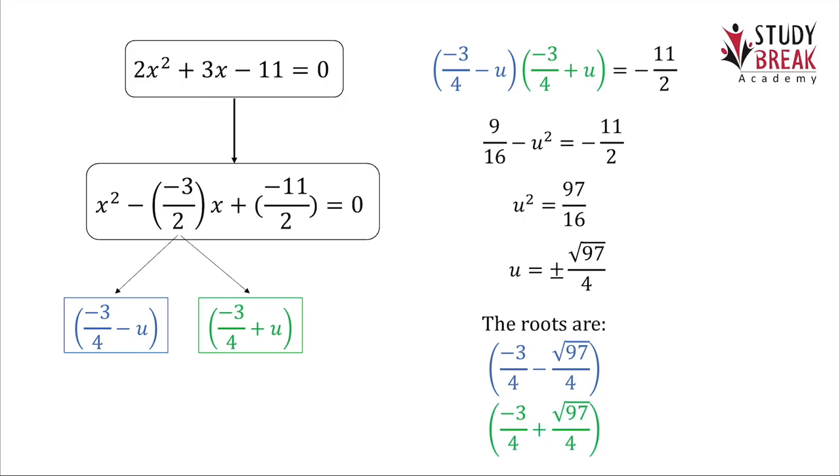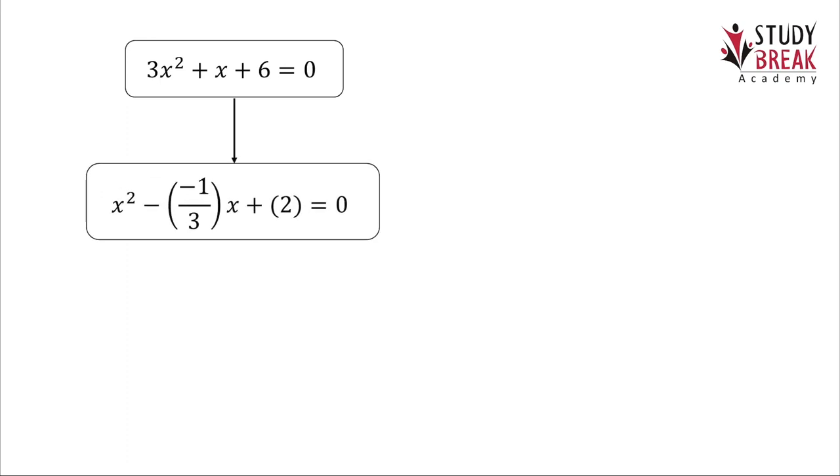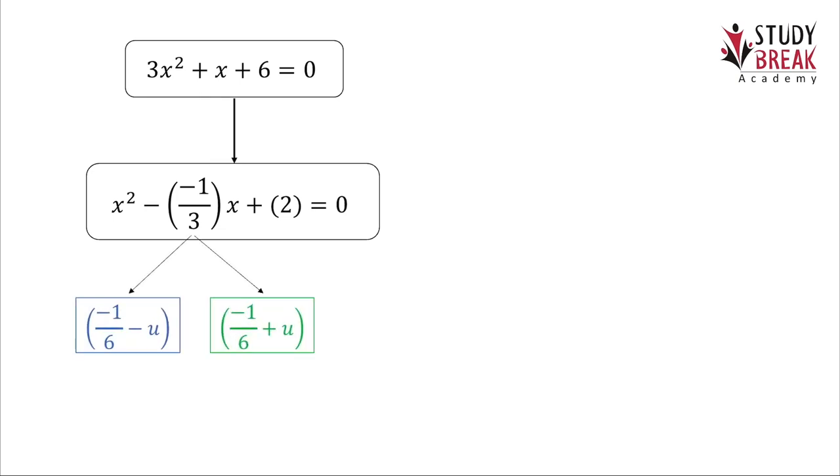Can we extend the entire solving method to quadratic equations which have imaginary roots? Yes, we can. If we have a quadratic equation like this, we can see that x squared has a coefficient of 3. So we divide the entire equation by 3 and get it into the format that we want. Now we divide minus 1 by 3 into two halves, minus 1 by 6 minus u and minus 1 by 6 plus u.